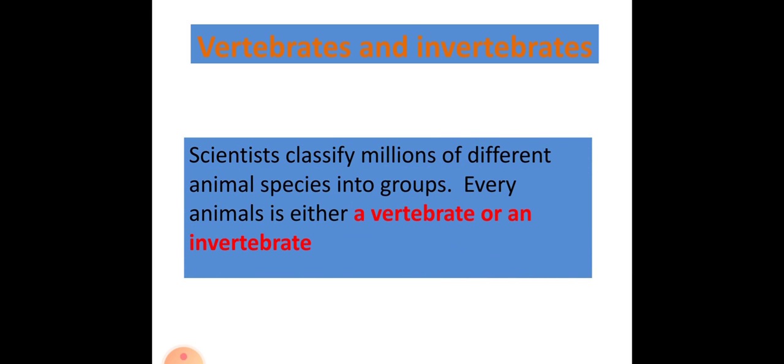Okay, so we have vertebrate and invertebrate animals. Scientists classify millions of different animal species into groups. Every animal is either a vertebrate or an invertebrate. So you have to understand what a vertebrate animal is and what an invertebrate animal is.